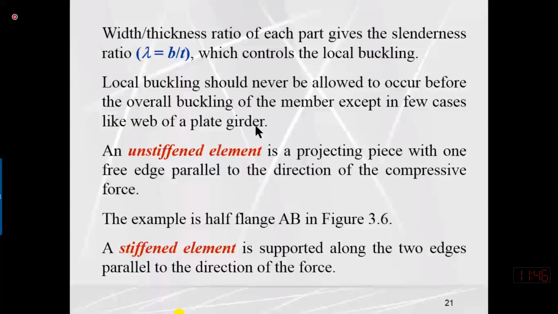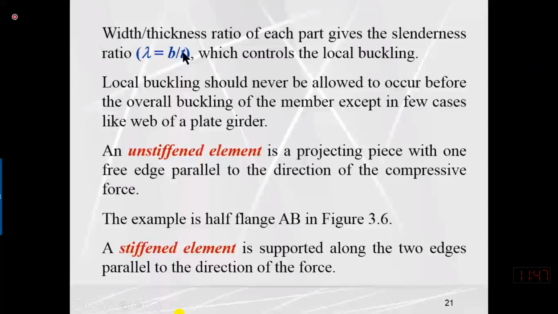So local buckling in stiffened and unstiffened elements should be avoided by controlling the b over t ratio. It should be lower, so either we select a section with lesser b or larger thickness.